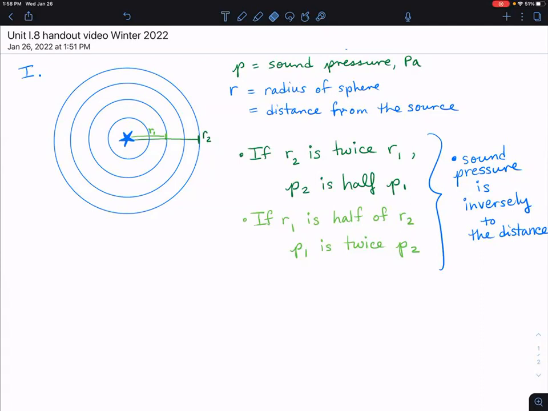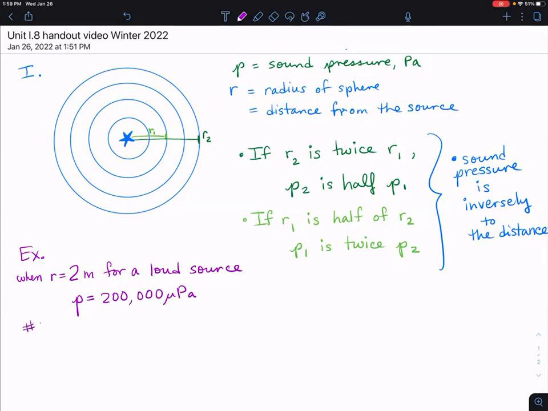Okay, so now we're going to do an example. Number 1. Okay, so this example is for both number 1 and number 2. 2 meters from a loud source, the pressure is equal, so one way to write this is when R equals 2 meters, pressure equals 200,000 micropascals.